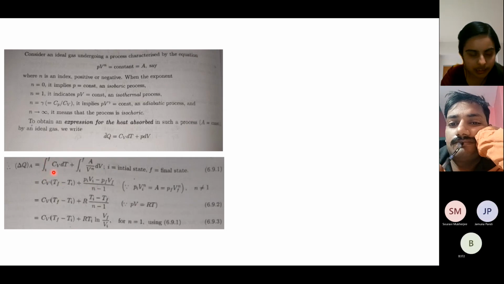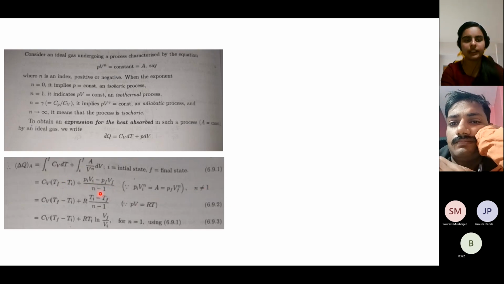So it's given as the integration of Cv dT plus, now P is replaced by some constant A by V to the power n. So this is the general expression, correct? And then we do the integration and this is what we get. Now this is for all values of n, given the condition n not equal to 1.